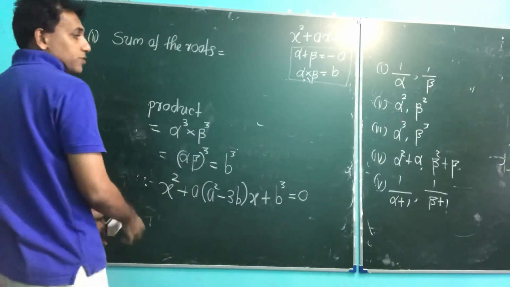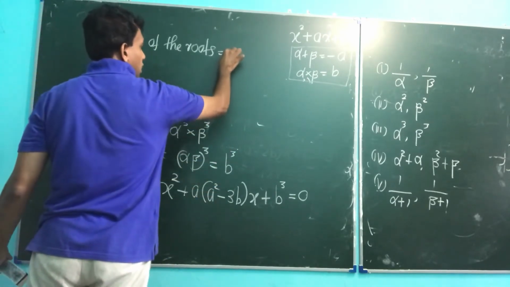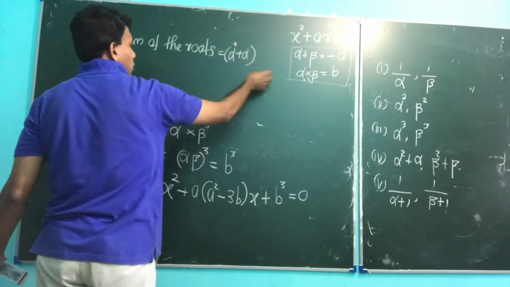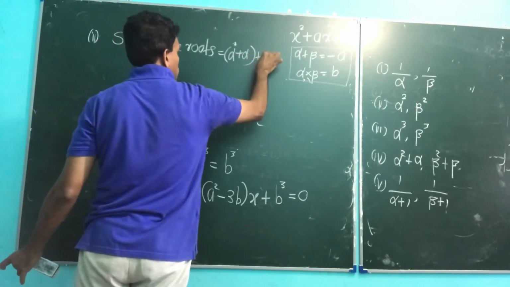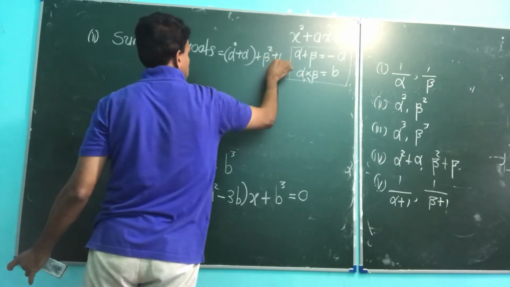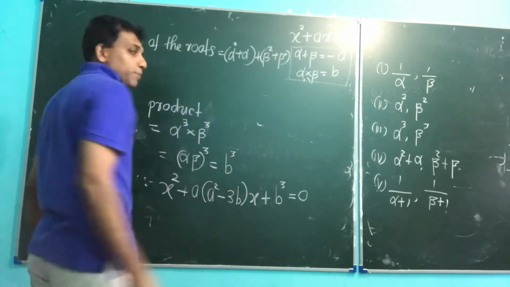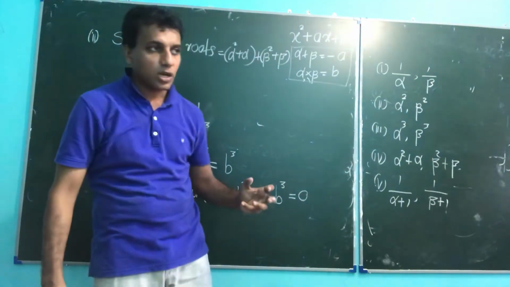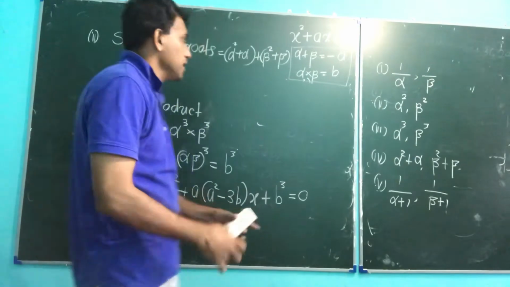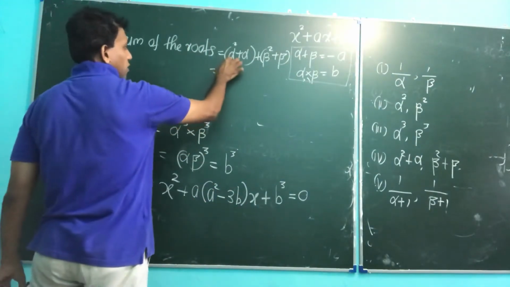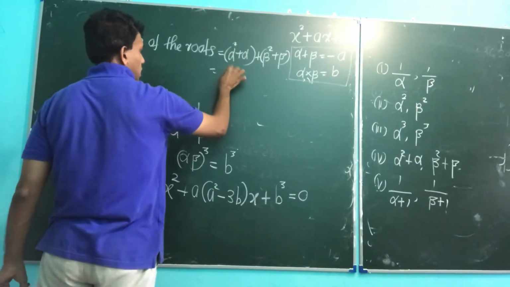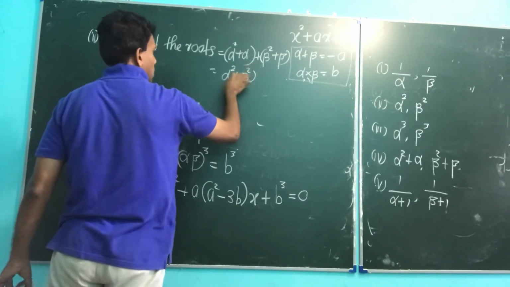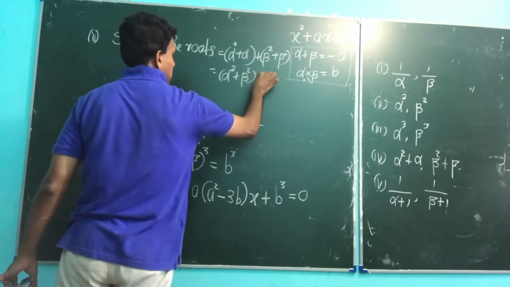Sum of the roots: one root is alpha square plus alpha, the other root is beta square plus beta. Now simplify the answer in terms of a and b. So what is alpha square plus beta square, and the next one, alpha plus beta?